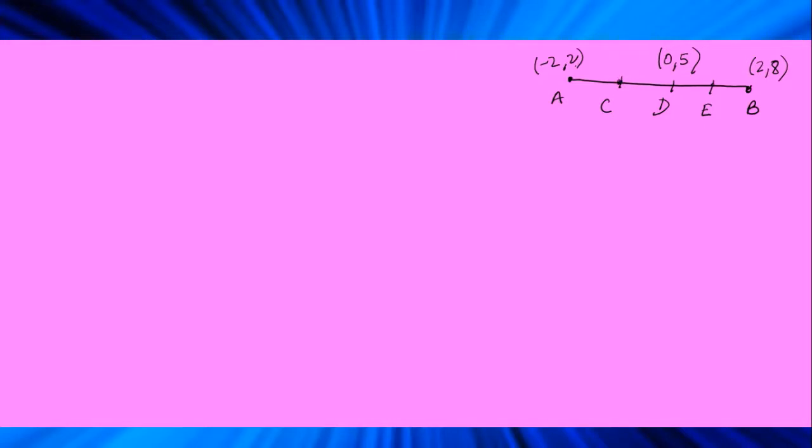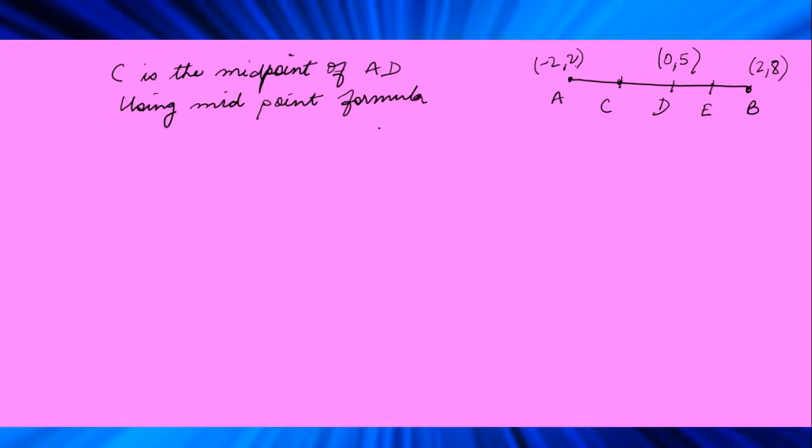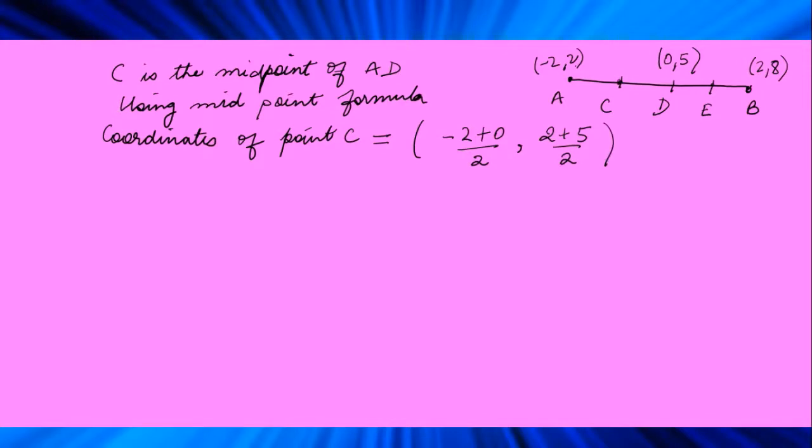Now you know C is the midpoint of AD. Yes, so apply the midpoint formula and find out the coordinates of point C. It will be (-2 plus 0) upon 2 and (2 plus 5) upon 2, that is (x1 plus x2) upon 2 and (y1 plus y2) upon 2.